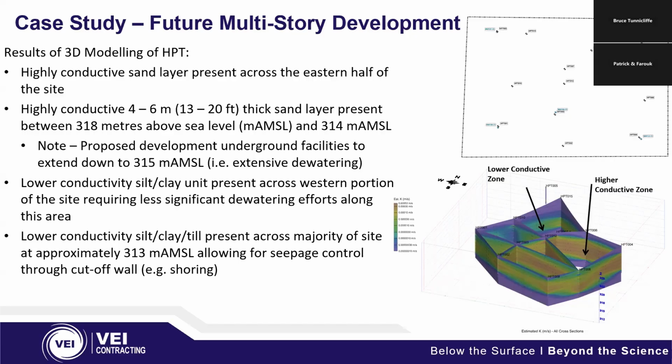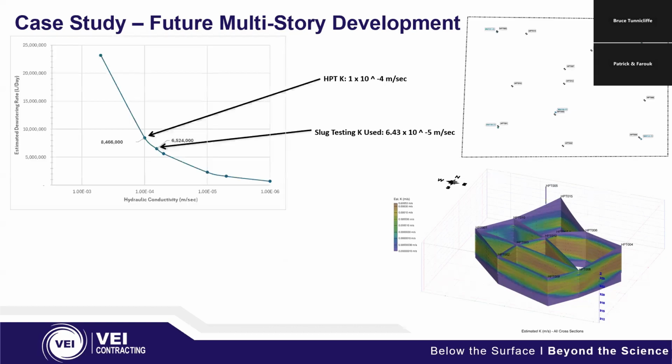And those protruded down to about 313 meters, so you're going to have probably some shoring or cut-off wall once you get down that deep, just to help combat the silt layer.